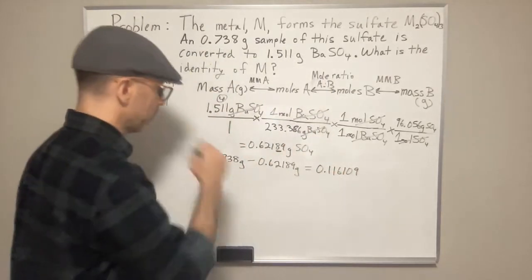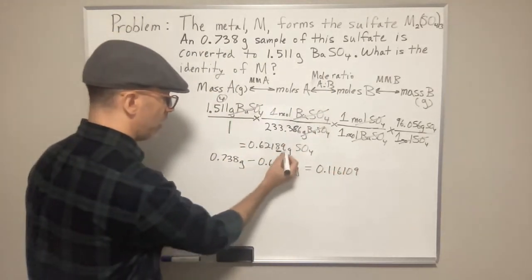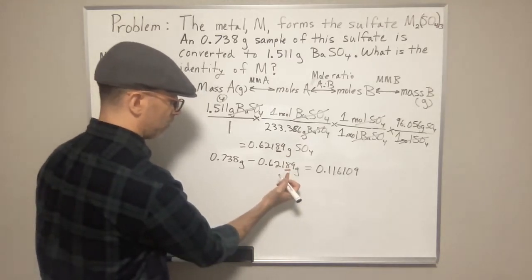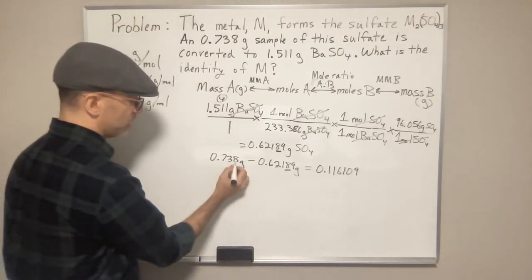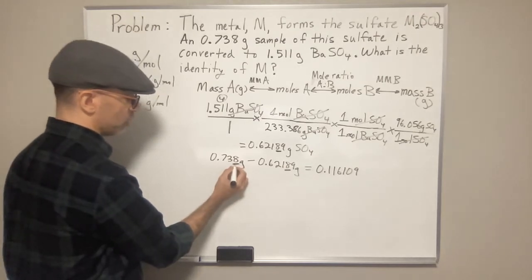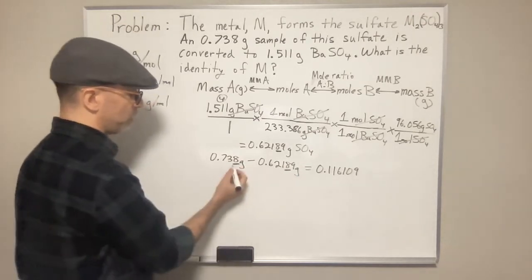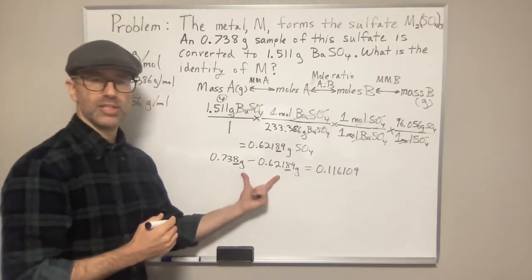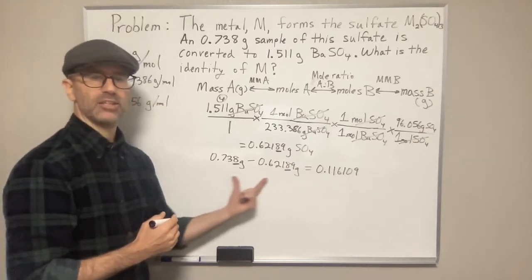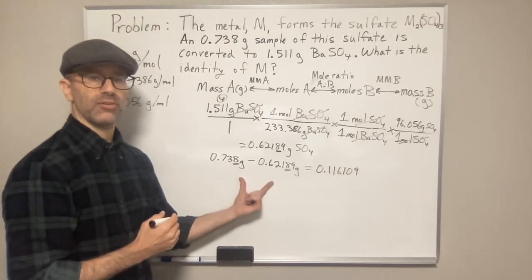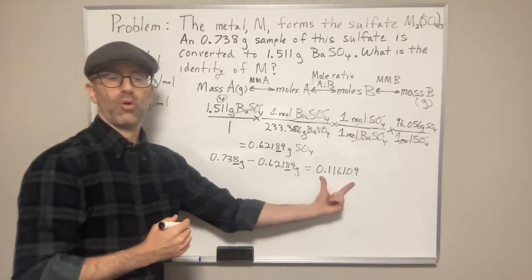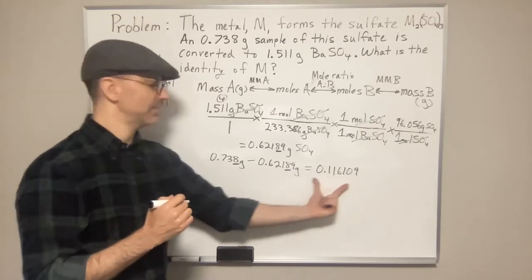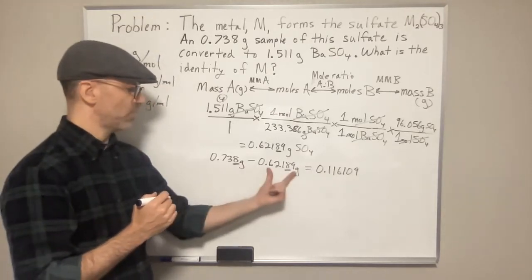0.116109. And again, since here my last significant digit is an 8, in the thousandths place, and here it's in the 10,000ths place, remember when we are paying attention to sig figs, when you're adding and subtracting, the rule is your answer has to have the same number of decimal places as the least number here.